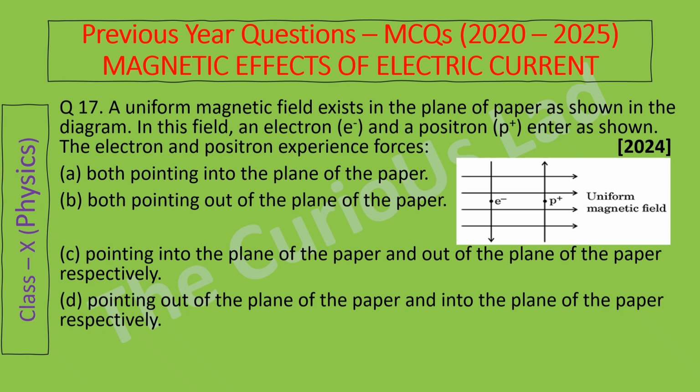The electron and positron experience forces: option A, both pointing into the plane of the paper; option B, both pointing out of the plane of the paper; option C, pointing into the plane of the paper and out of the plane of the paper respectively; or option D, pointing out of the plane of the paper and into the plane of the paper respectively. And the correct answer is option A, both pointing into the plane of the paper.